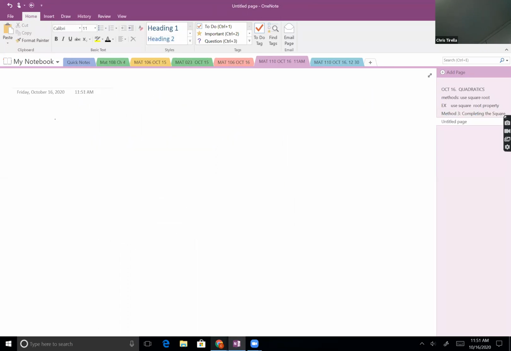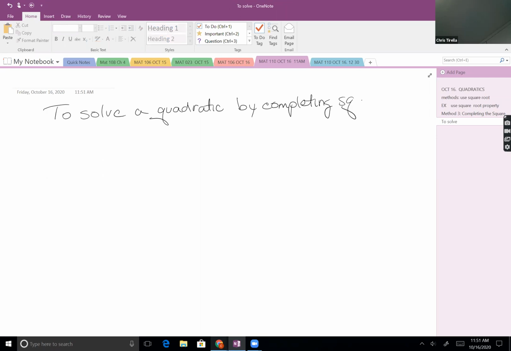So to solve a quadratic by completing the square, let's again look at an example that's pretty straightforward. That would have been factorable, but I just want to start with an example where you have pretty numbers, so to speak.